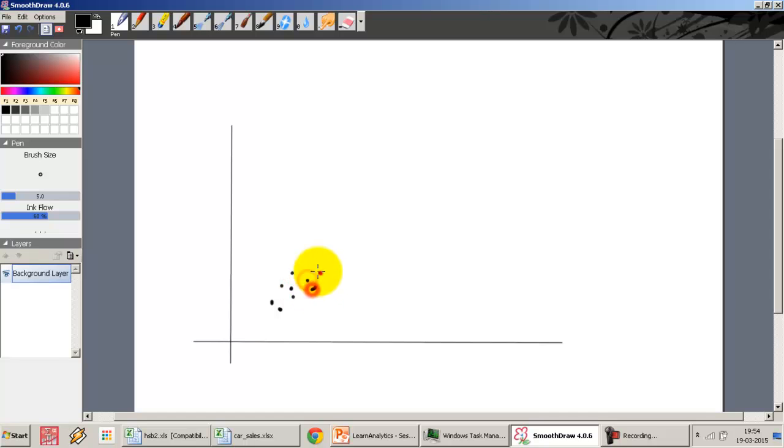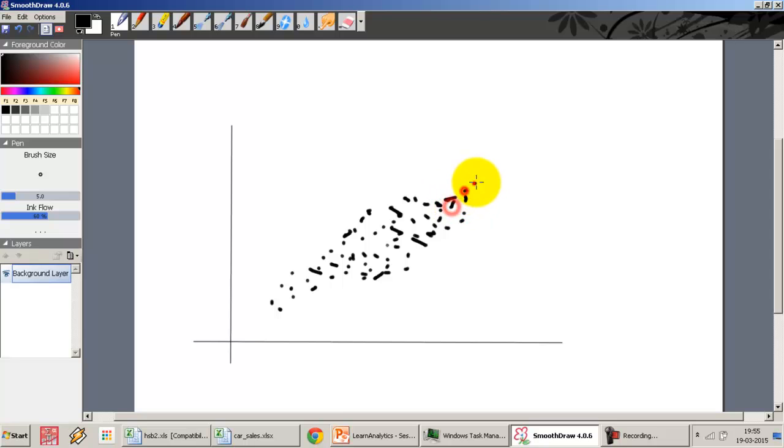Yeah, that's more like it. And let's look at this scatter diagram.